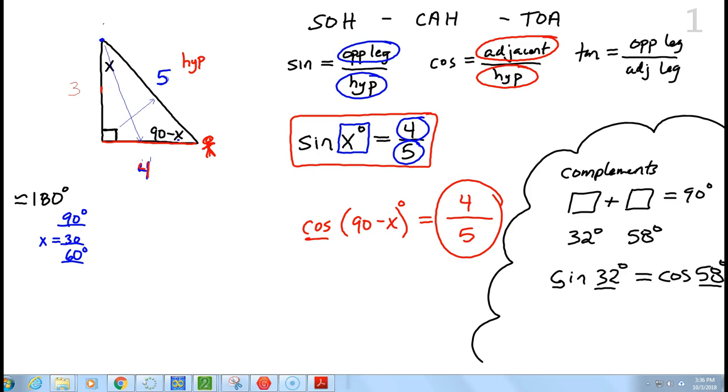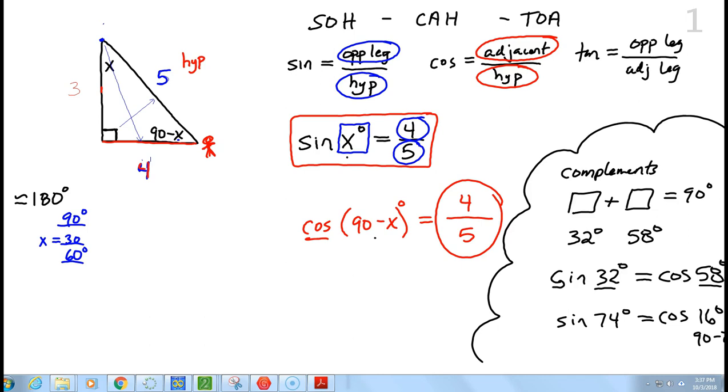So I could pick another number, like the sine of 74 degrees. I don't know exactly what the sine of 74 degrees is, but I do know it's equal to the cosine of its complement, or 16 degrees. You get this number by going 90 minus 74, which in our problem, since this was x, this was 90 minus x.